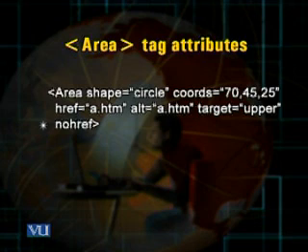Wherever we want to mention that a particular area or shape should not become clickable, we use this attribute nohref. It would then neutralize the effect of href equal to a.htm. So if we click at this region, no file a.htm would open.